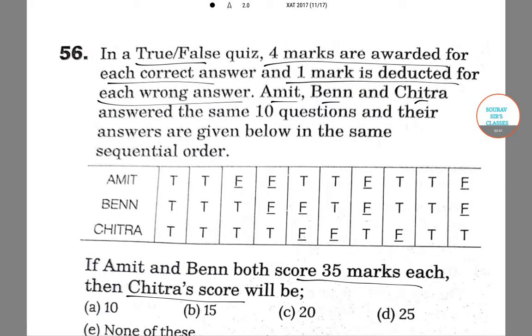Now Amit and Ben got 35 marks each. So they made 1 mistake and they got 9 answers correct. So 9 correct and 1 mistake. So that would lead to 9 into 4 minus 1, 35.